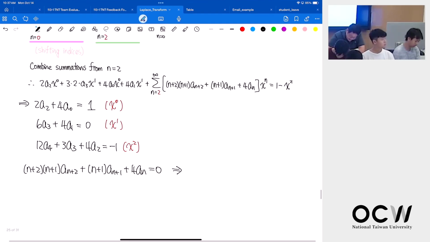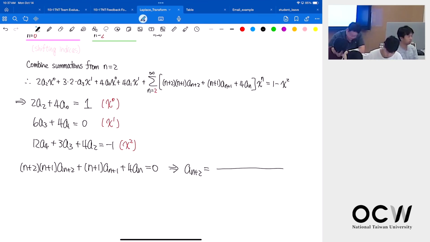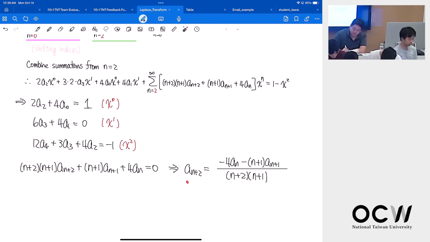And then this, we have a n plus 2 will be equal to, the denominator will be n plus 2 times n plus 1. Numerator minus 4a n minus n plus 1 a n plus 1. You see this coefficient depends on the previous two coefficients. So this is called a two-term recurrence relation.